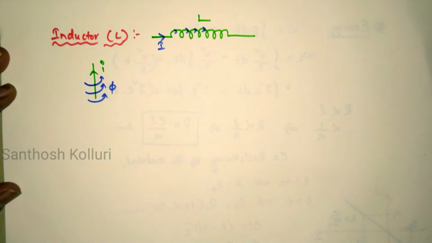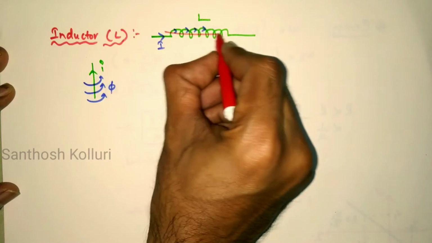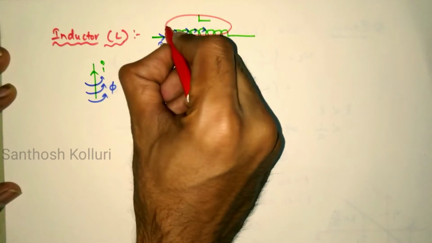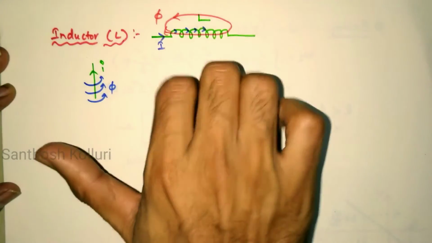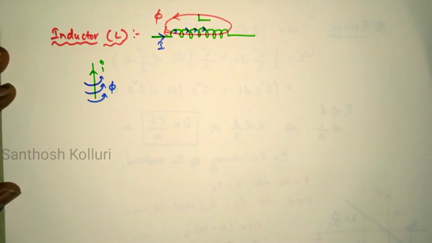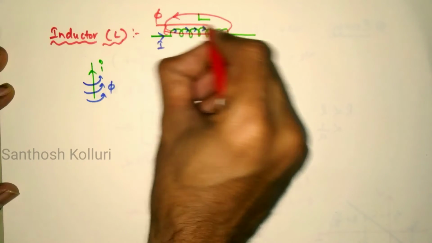It's not a straight conductor, therefore the magnetic field will be shown like this as per the right hand thumb rule. The thumb represents the magnetic field lines like this.